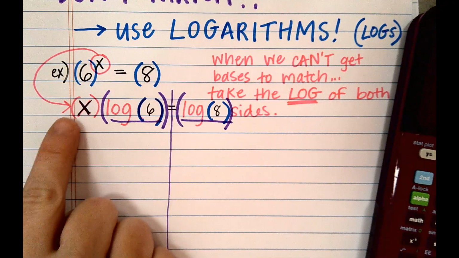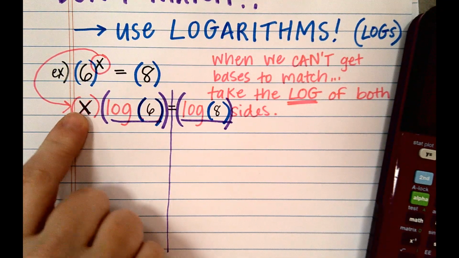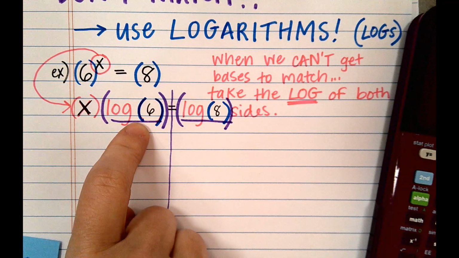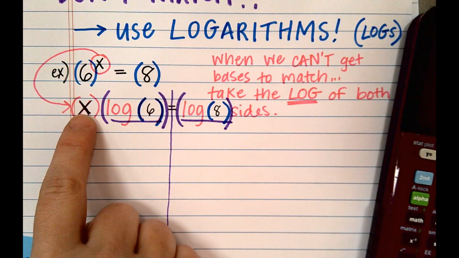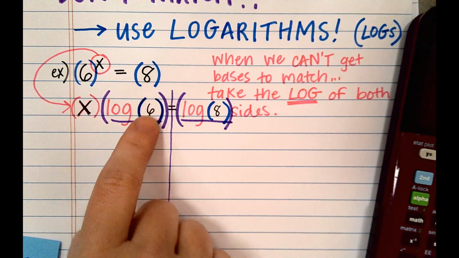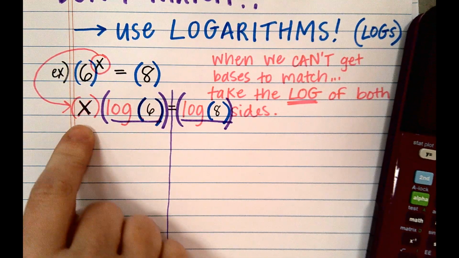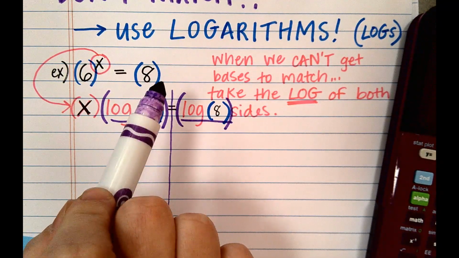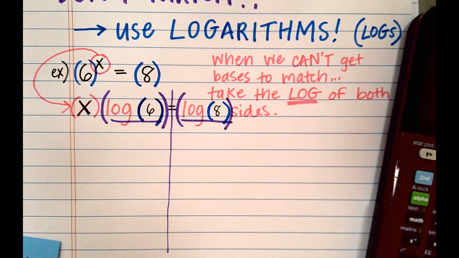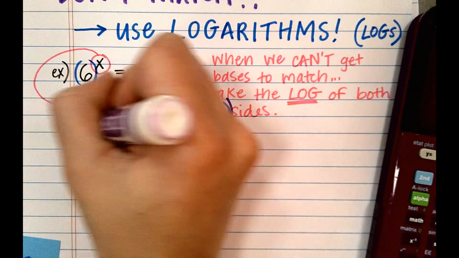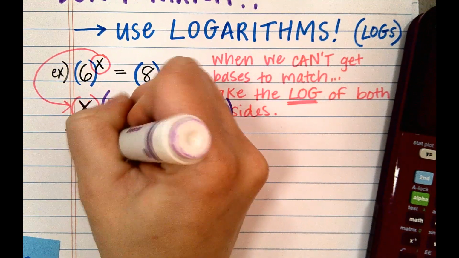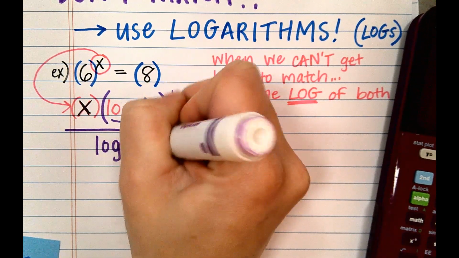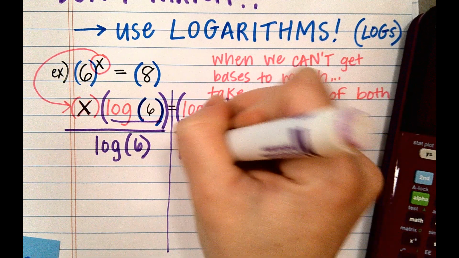If I want to get x by itself, remember this is x times the log of 6, I want to get rid of the log of 6. That would give me x by itself. So I'm going to divide both sides by the log of 6. Hear me out. Let's divide by log of 6. I'm going to show you how to type this in.